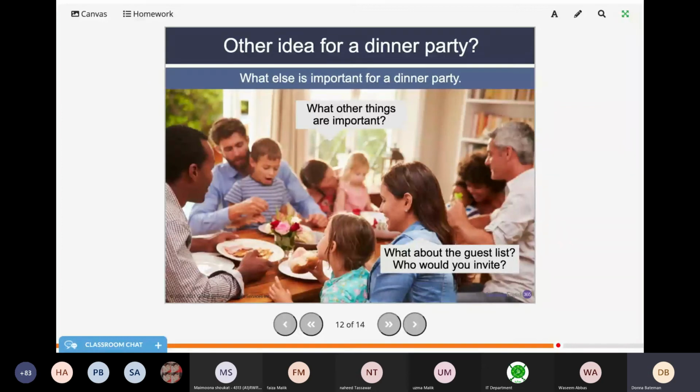You can have anybody on your guest list, whether they're famous or not, just your dream guest list. If you were hosting people at your home, who would you want? If you could have anybody, who would you invite? It's quite a nice discussion to have, and it's very interesting to see what people say, what ideas people have.